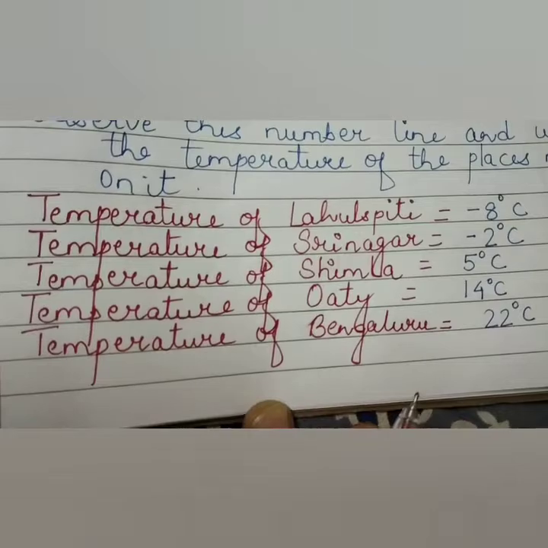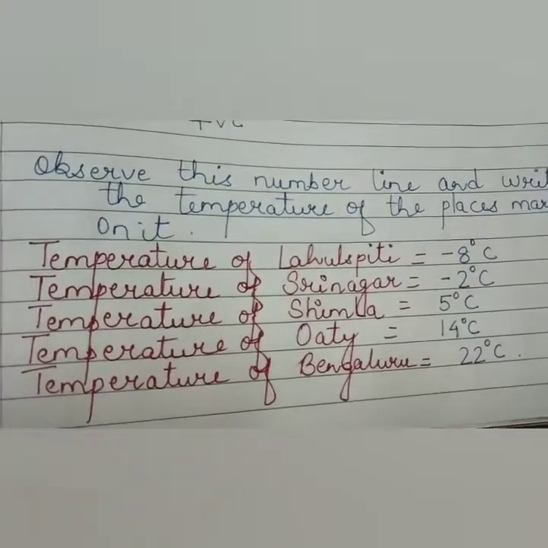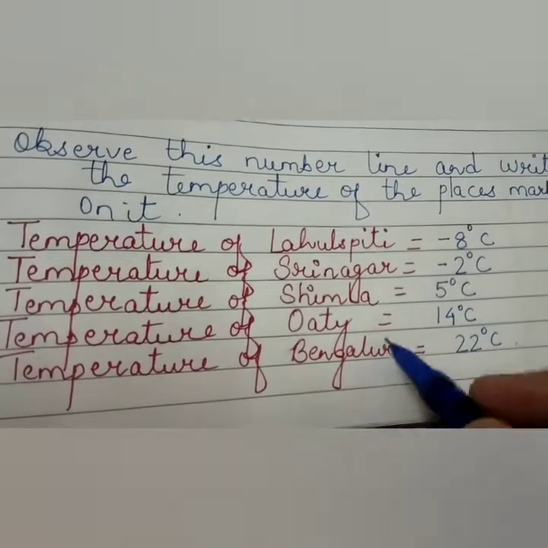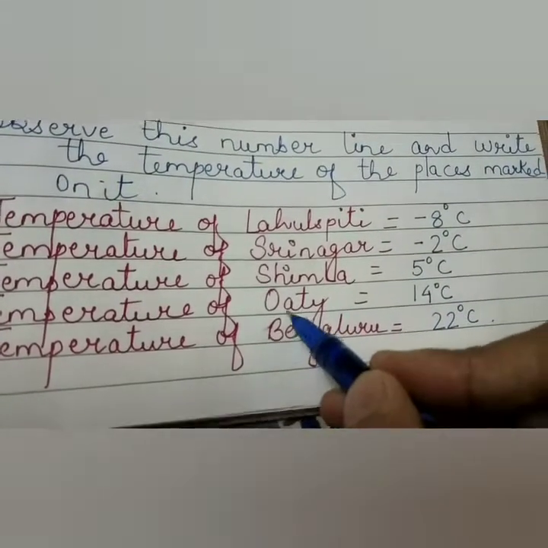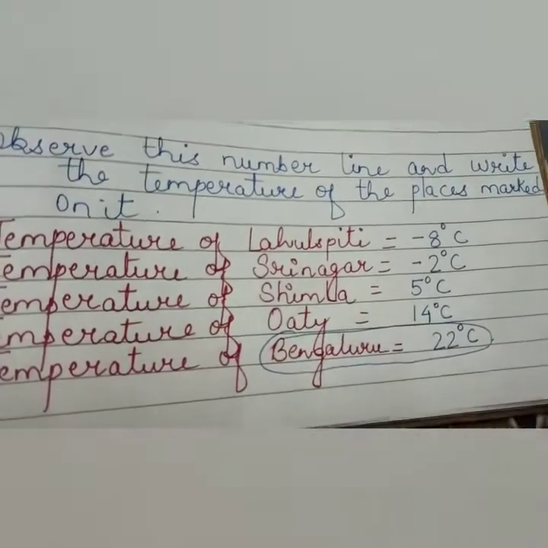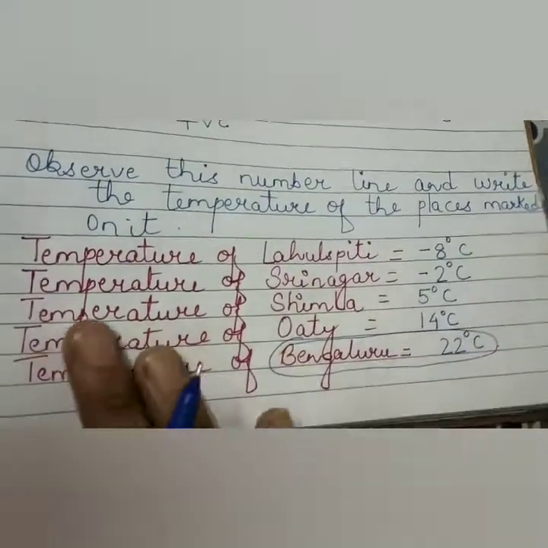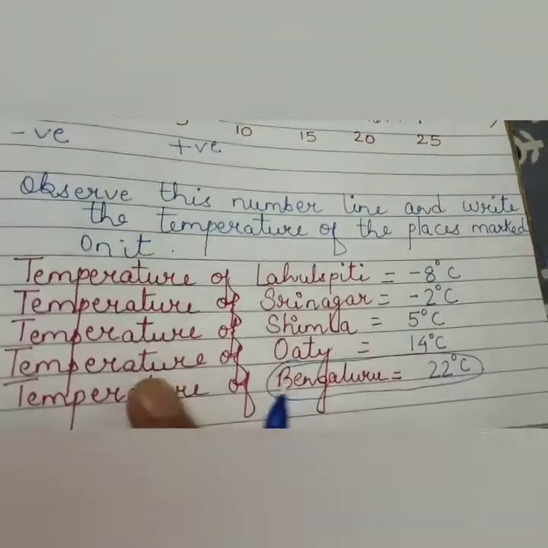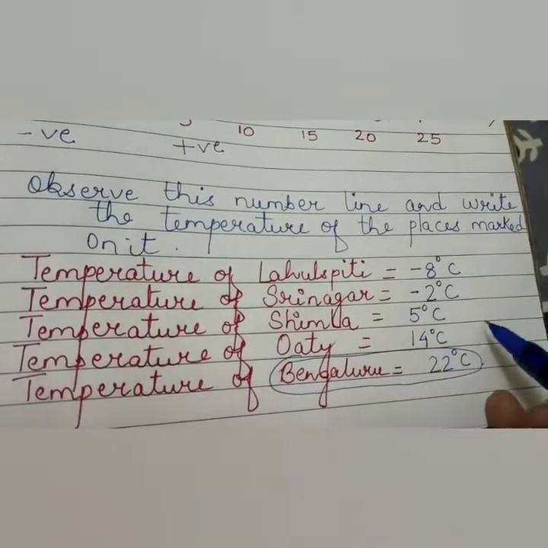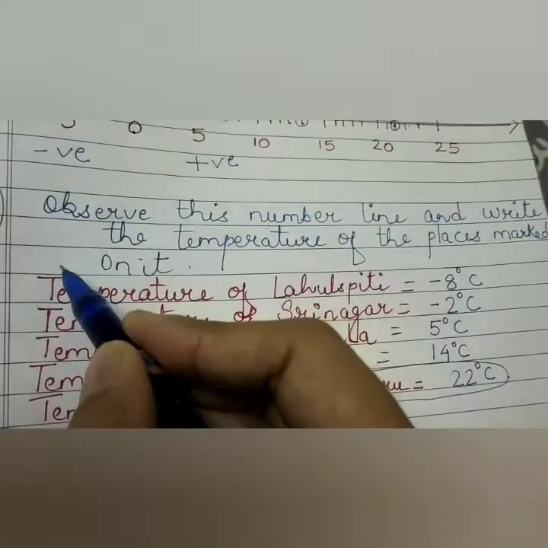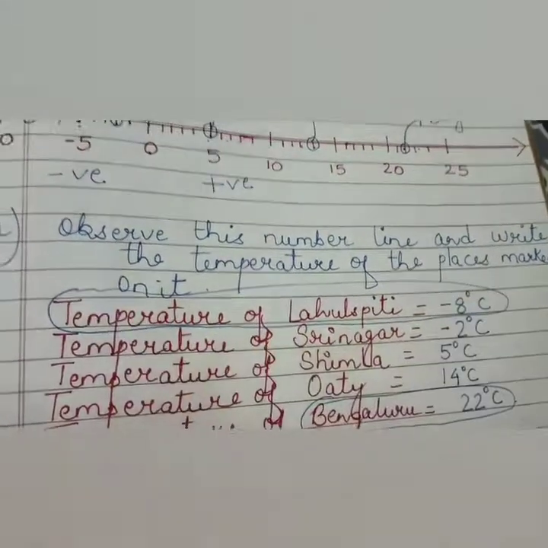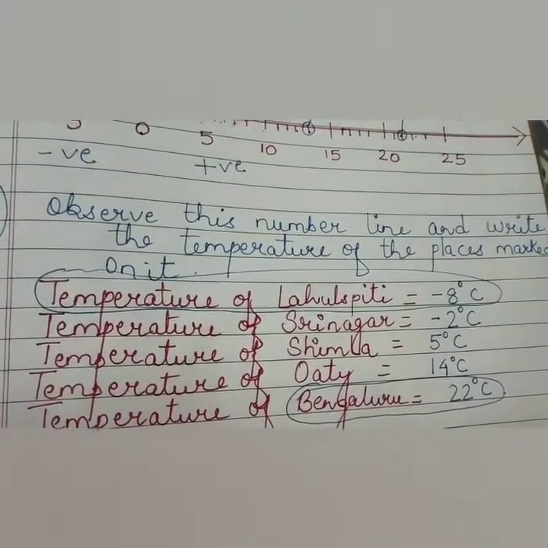Now from this we will come to know the hottest place. Bangalore will be the hottest place, because it has the maximum temperature, and the coldest will be Lahore Spiti as it has the lowest temperature.